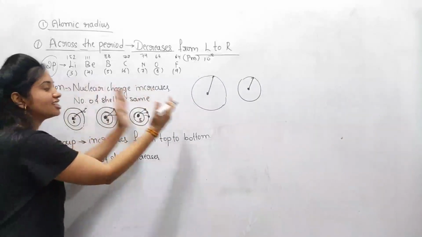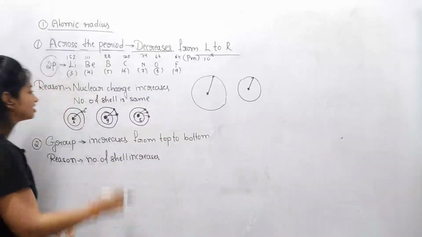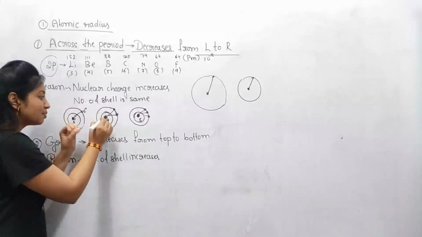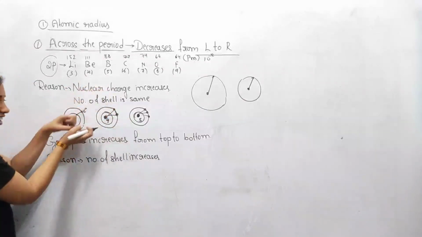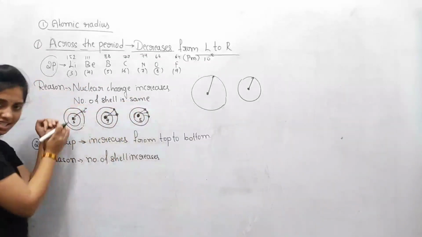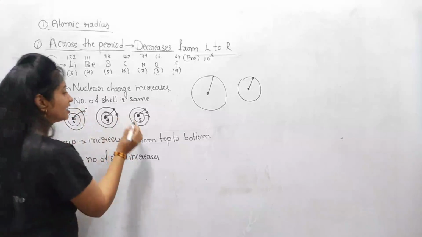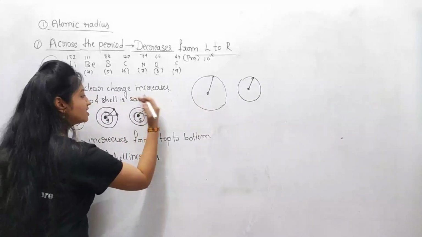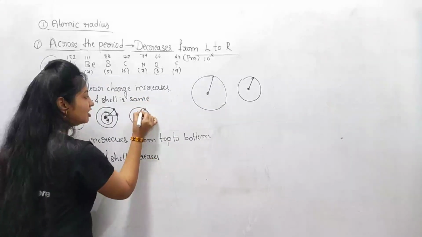The number of shells is the same and the positive charge increases. Then these protons attract these electrons towards themselves, and automatically they come slightly towards the nucleus.